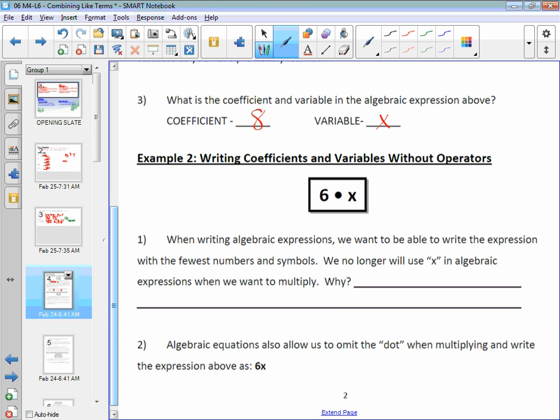So, writing out the expressions, we want to be able to write the expressions with the fewest numbers and symbols. We no longer use the x in an algebraic expression. Why don't we do that? Okay. Because it looks like a variable.